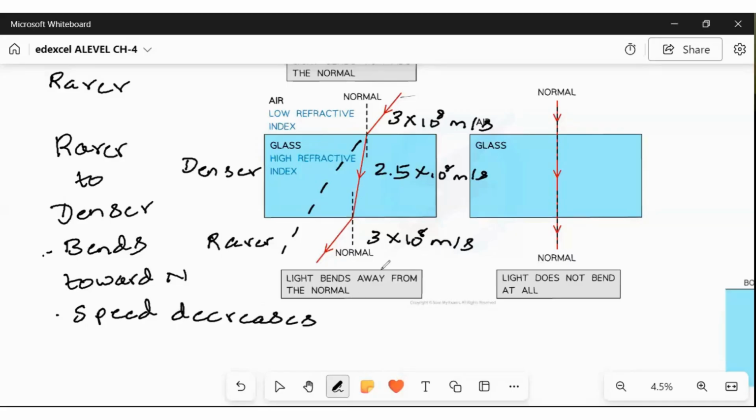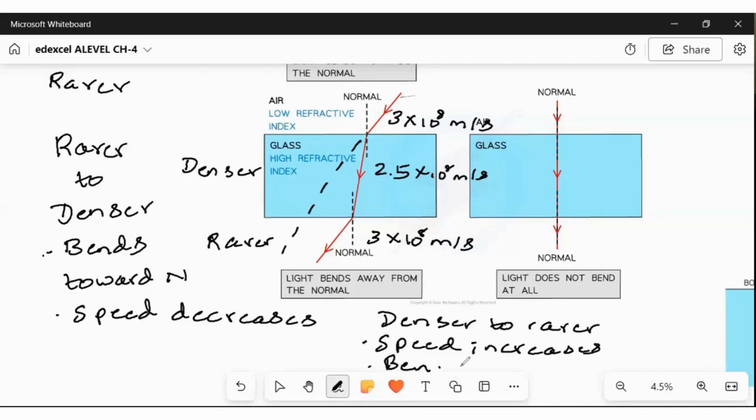Understood? Similarly, when it is traveling from denser to rarer medium, what is happening? Speed increases, and it bends away from the normal.